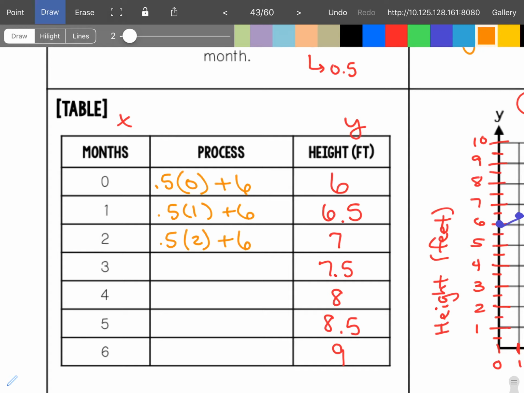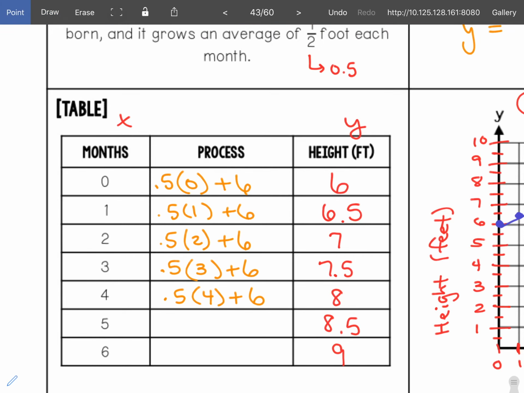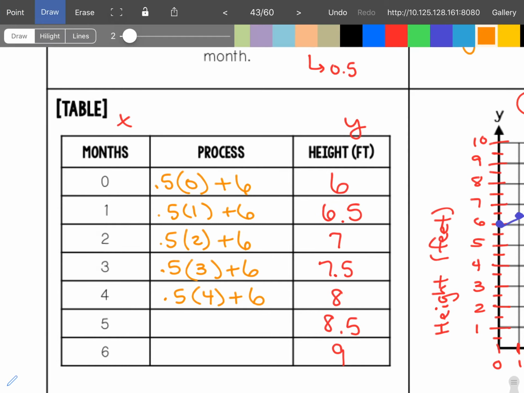If you had 0.5 and 0.5, that makes 1 whole, plus the 6 gives us 7. So if we continue down, and most of the time, actually, you should be doing this before you actually get these values, because this is the process to get to these values right here. But I think with the situation, you could kind of figure out what was going on with the height of the giraffe.